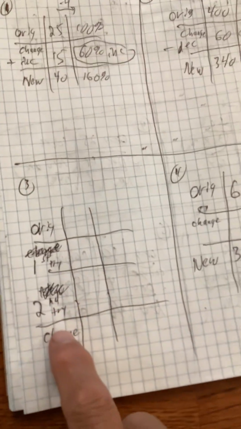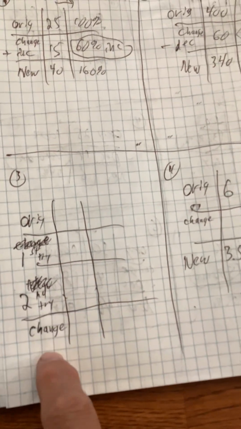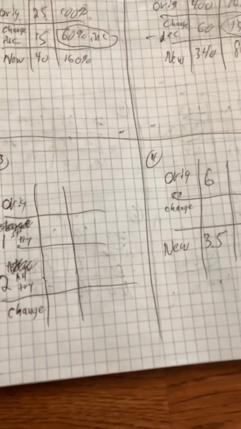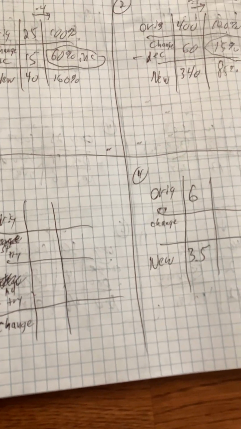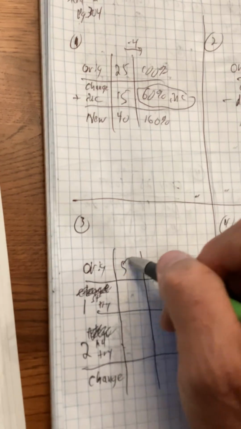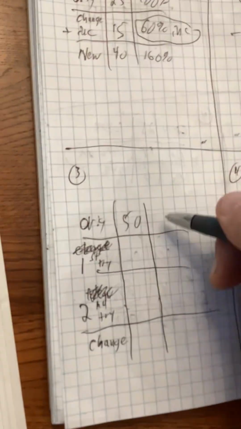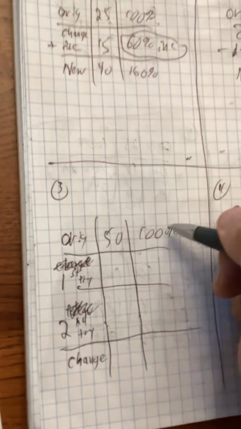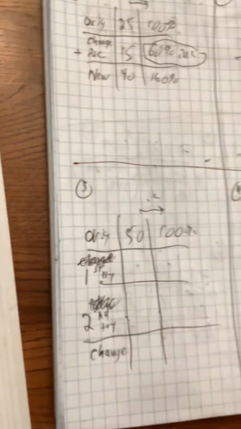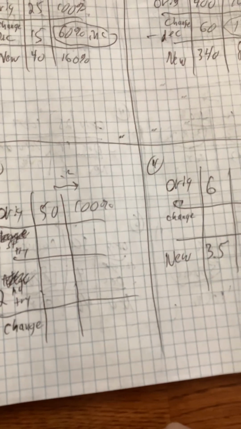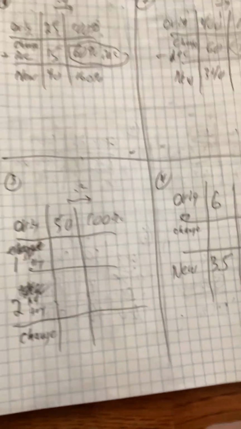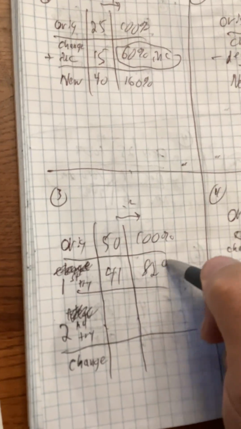Okay, number 3 is a squirrely one here. I had to kind of fix it because I messed up here. Because you got 2 tries here. So that's what tables are nice for. It's out of 50, which is kind of nice. Because that's just going to be times 2. So the first time she got 41 out of 50, that's an 82%.